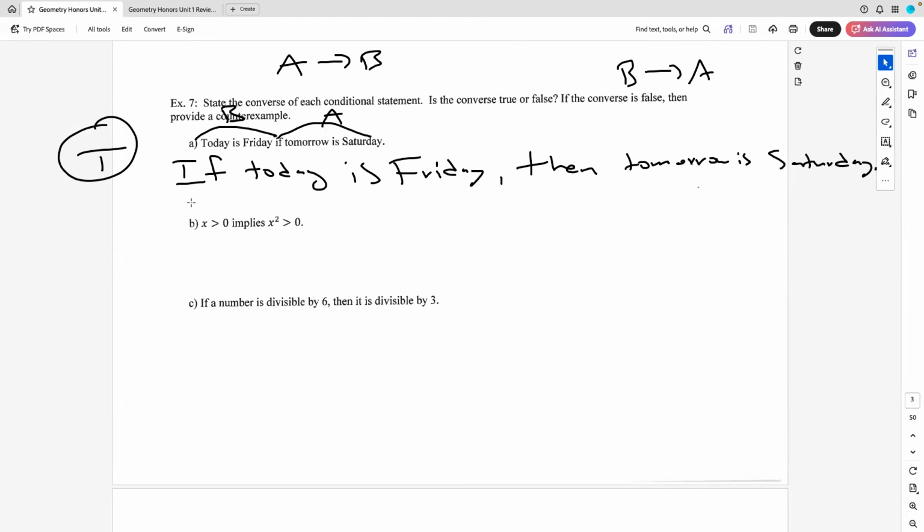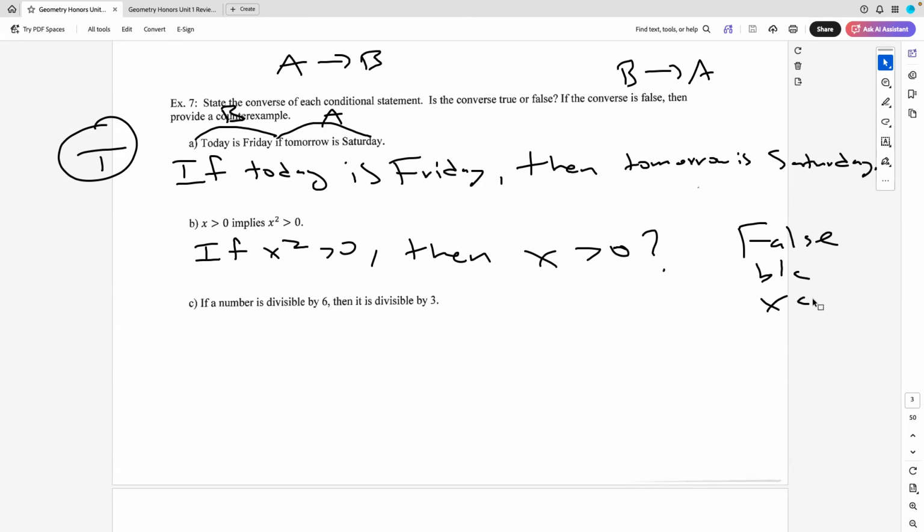X is bigger than 0 implies that x squared is greater than 0. So if x squared is greater than 0, then x is greater than 0. No, that's false, because x could equal what? What if x equals -2? Because -2 squared satisfies the condition.